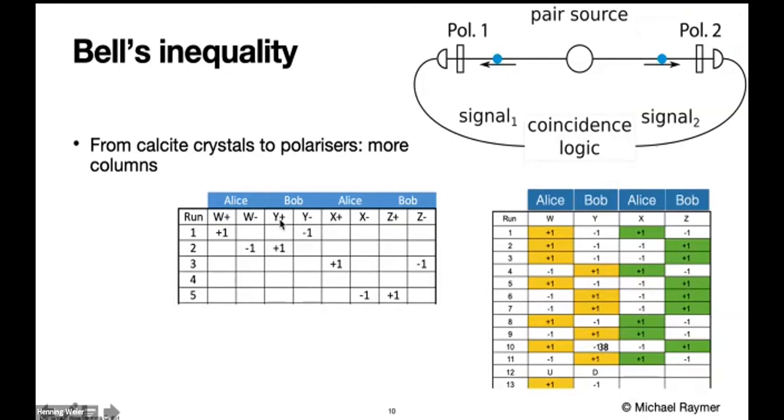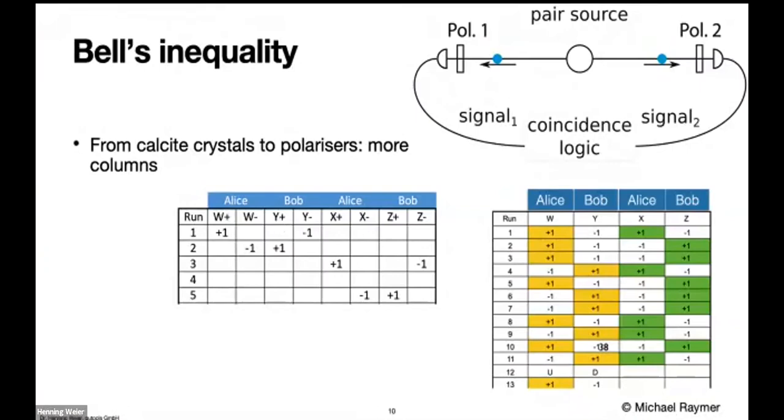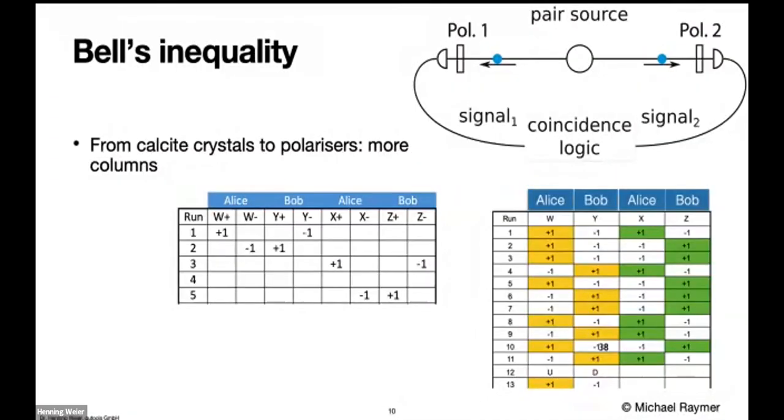So you always have to make one more decision about what you want to detect, and then you either detect something or you don't. But you don't detect the other way, because as Professor Raymer has just told you, it can be mimicked as a calcite crystal where one path is blocked afterwards, or there's simply no detector in this one path.